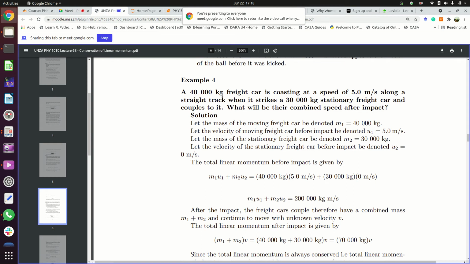So the first car, the 40,000 kg freight car, that's what we're going to denote as the first car, and we denote its mass as M1.